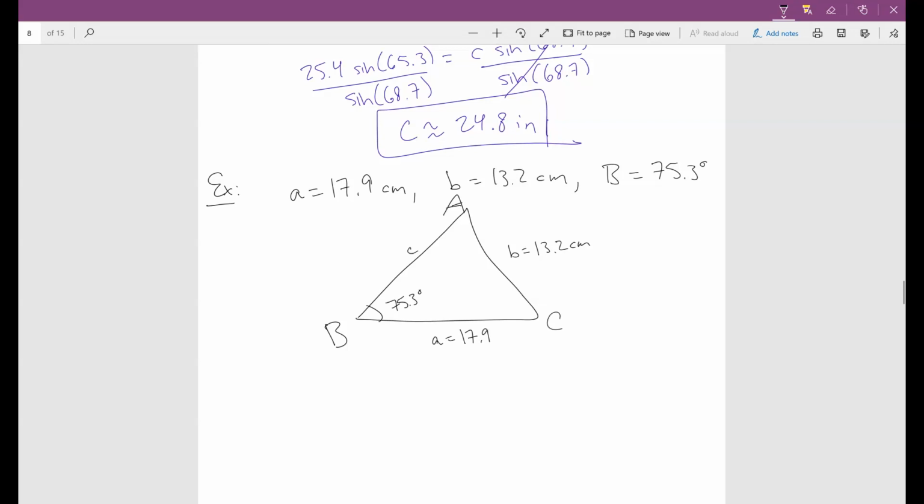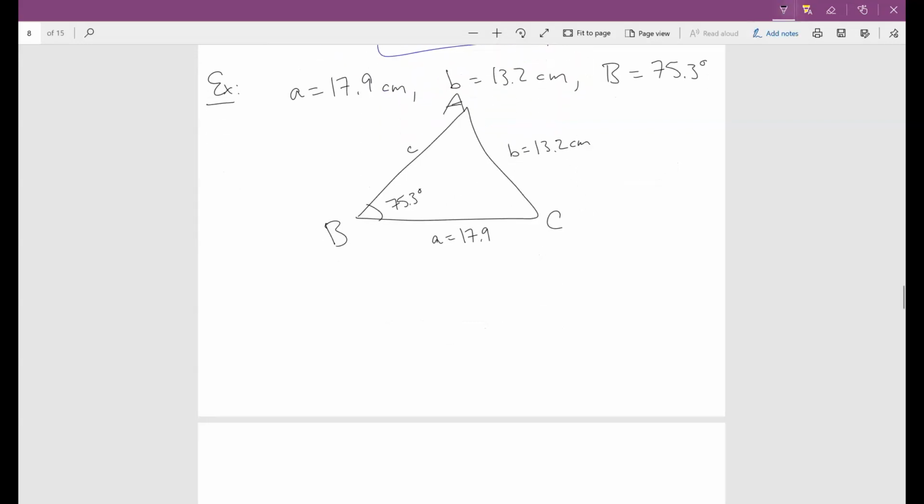Okay, so now we're going to use the law of sines. Clearly, this is the ambiguous case again. So we're going to do sine B over little b equals sine A over little a. So sine B is going to be the sine of 75.3 degrees divided by little b, which is 13.2 centimeters. Sine A, I don't know what that is, and little a is 17.9. All right, so cross multiply.